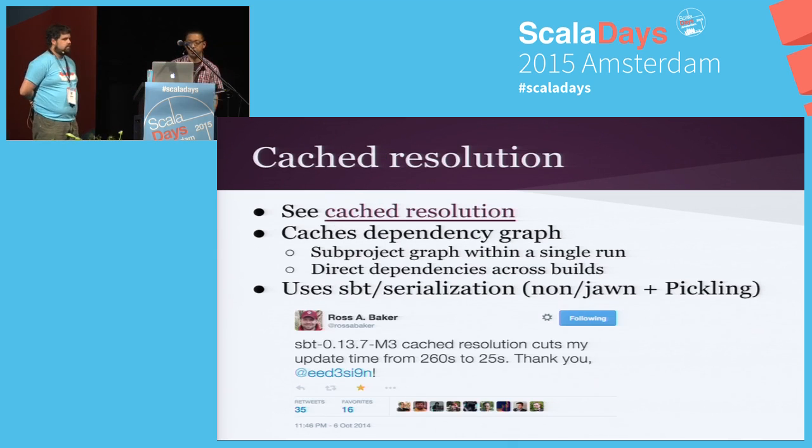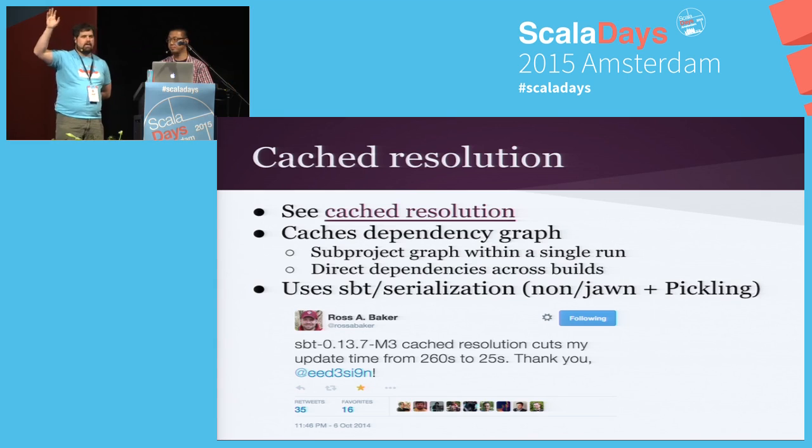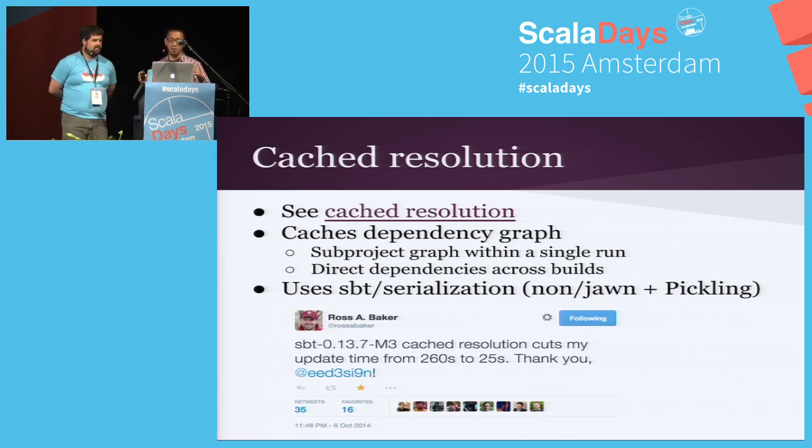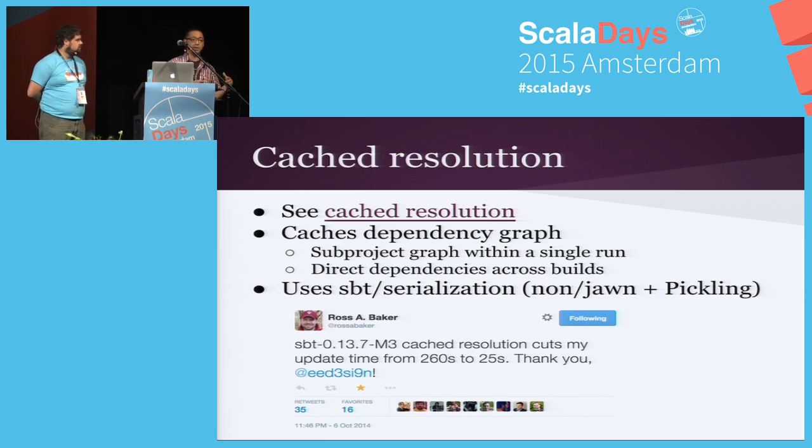So another feature that I've been personally working on is speeding up the Ivy resolutions. Well, how many people here think Ivy resolution is too slow? Okay. All right, we're with you. This happens especially if you have a really, really large dependency graph. I forgot to add the logo here, but this feature is actually sponsored by LinkedIn.